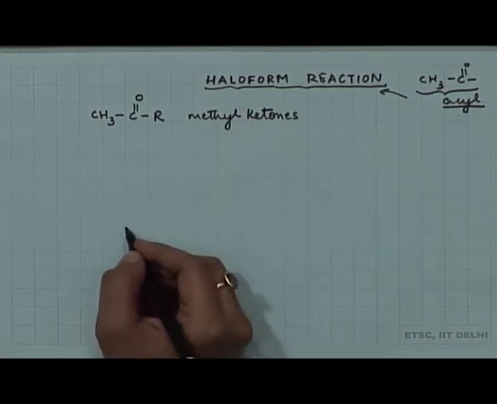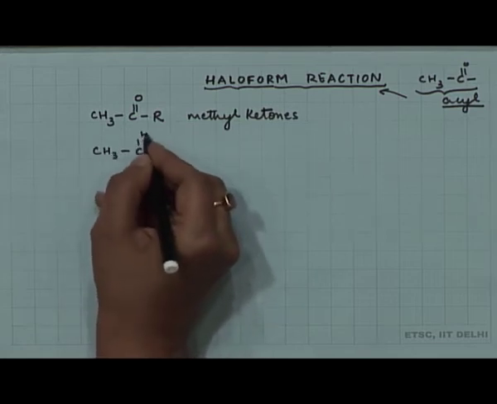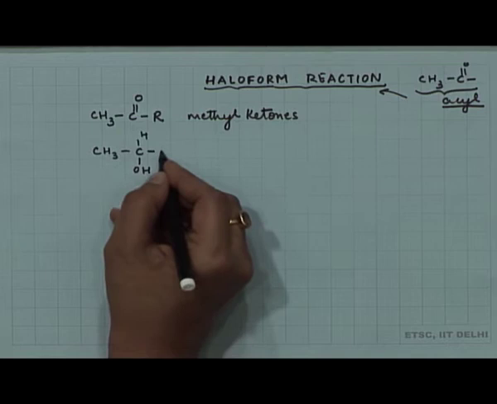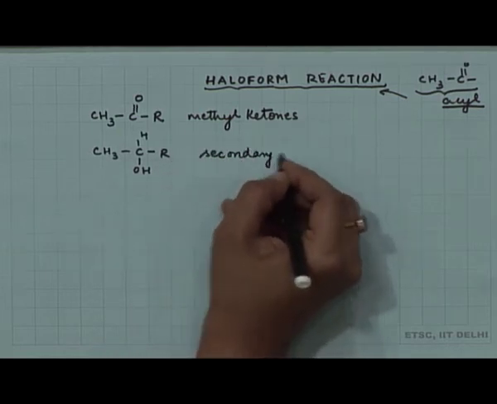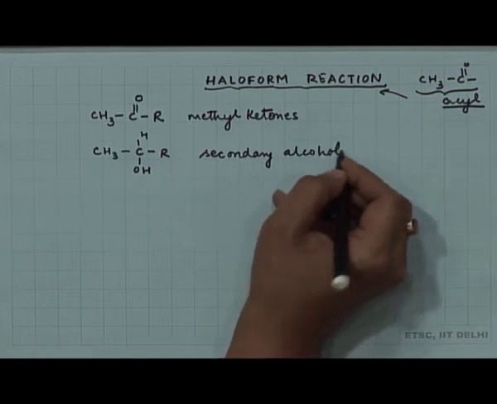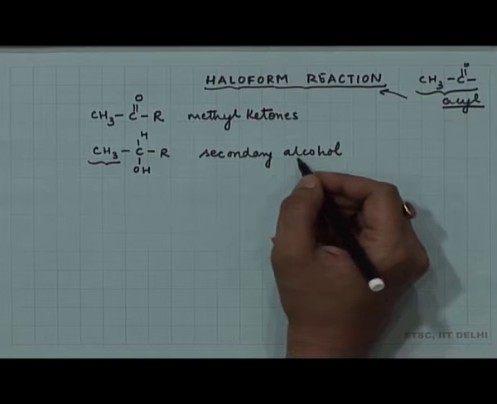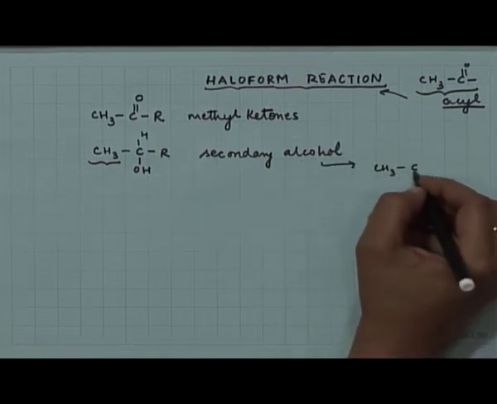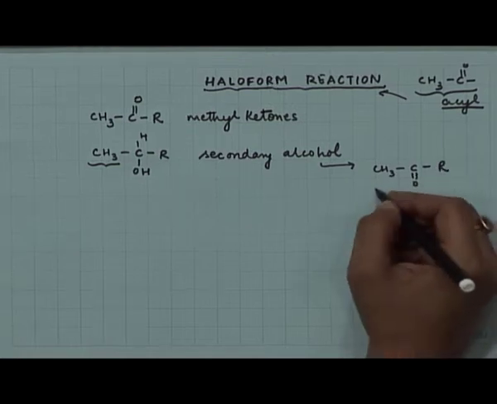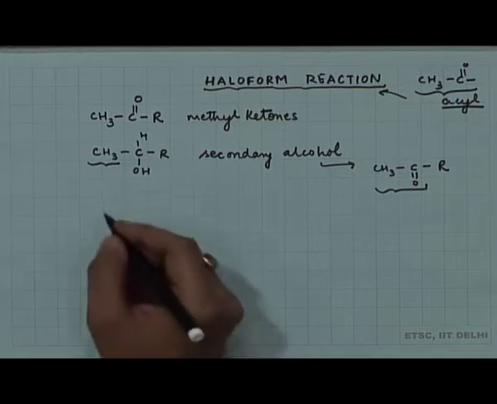So, you have methyl ketone as a substrate. You can have a secondary alcohol. The condition is that this secondary alcohol should have one methyl group attached to the carbon bearing the hydroxyl, because eventually during the reaction it is going to generate this methyl keto functionality, which is a requisite for it to respond positively to the haloform reaction.